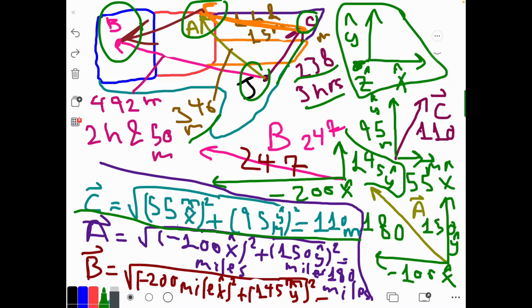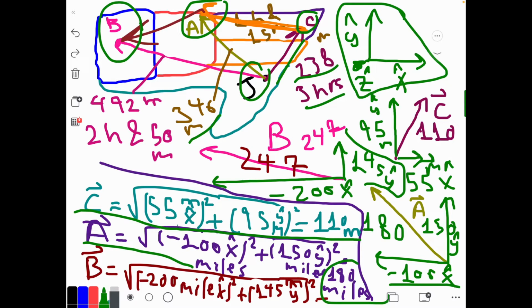Now for Atlanta, if you use your map scale, it's going to give you negative 100 miles x hat because we're going towards the west, and then 150 miles y hat towards the top, which is positive. With the magnitude formula, negative 100 miles x hat squared plus 150 miles y hat squared, you get 180 miles. For Birmingham, from the scales, you get negative 200 miles x hat and negative 145 miles y hat.